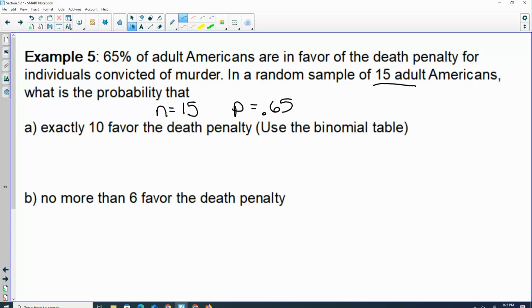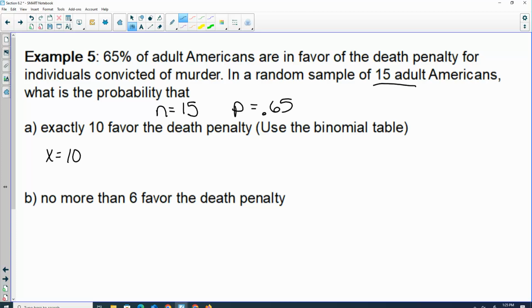Okay, this is binomial. We have a set number of tries, 15 Americans. Everybody has the same probability of being in favor of it. These are all independent. So I'm finding the probability of exactly 10. This is one that we could use the table for.